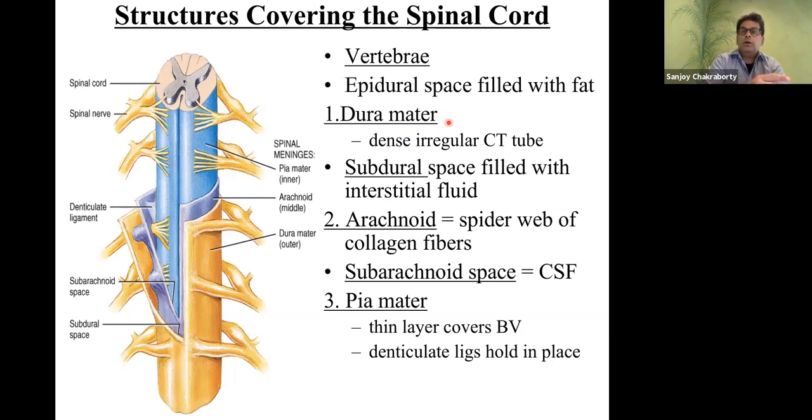That's why the name, and dura means strong, so that's why the first one is called dura mater. The second one is arachnoid, meaning they have a little bit of spider-like extension. That's why the name arachnoid. And pia means delicate. So delicate mother, it's all the way inside.